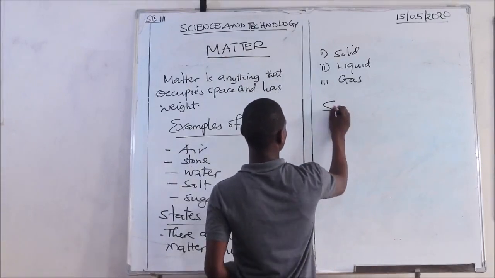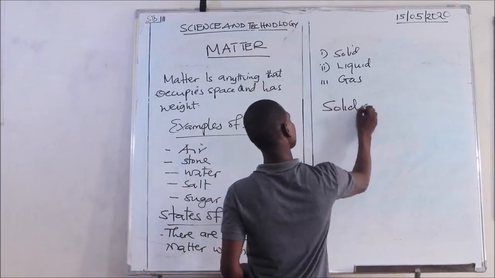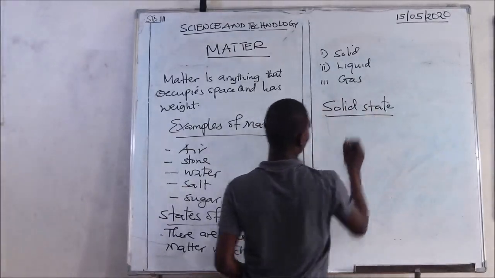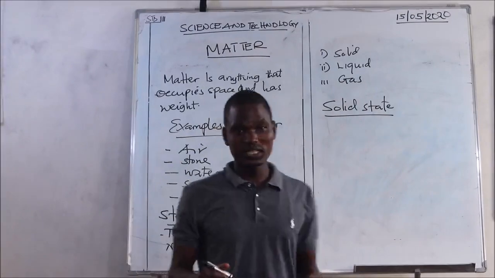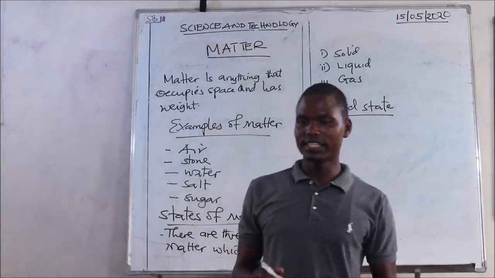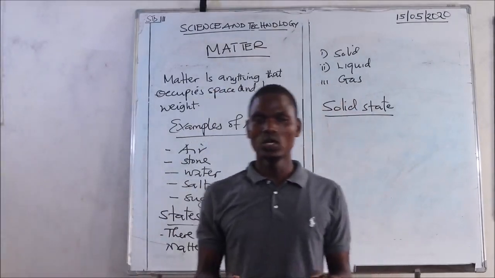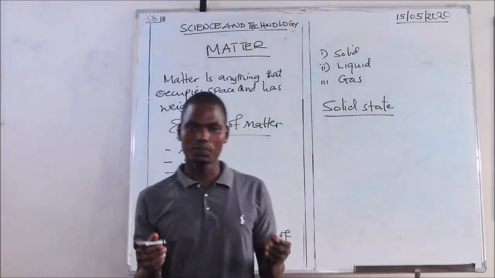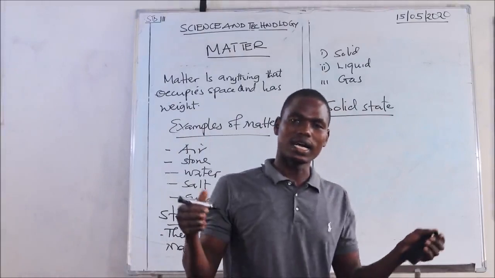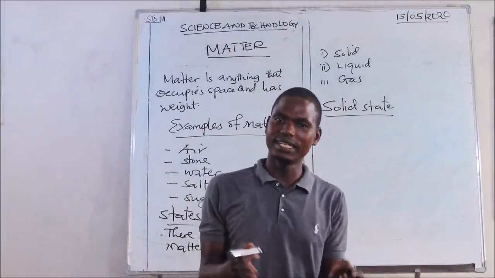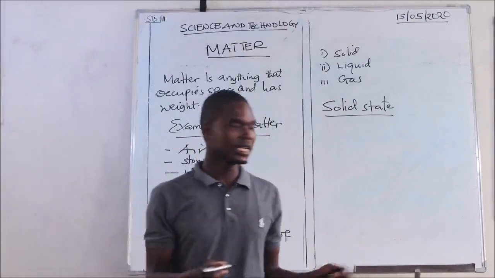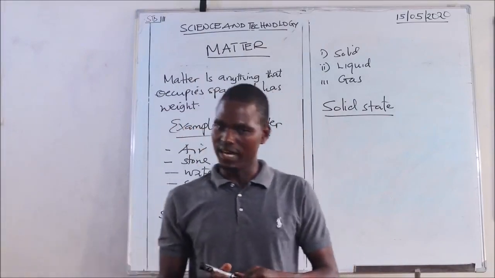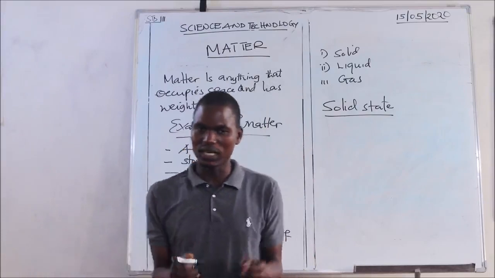Solid state. Now, just with the description, solid state of matter is a state of matter of which its particles or molecules are closely compacted together. The molecules in solid state are closely compacted together. Closely attached.